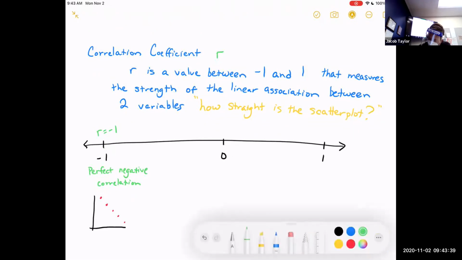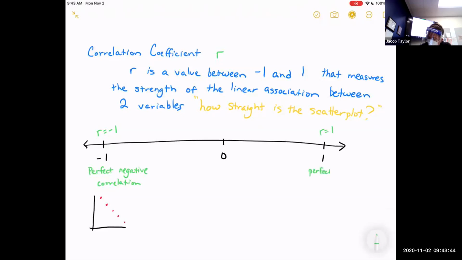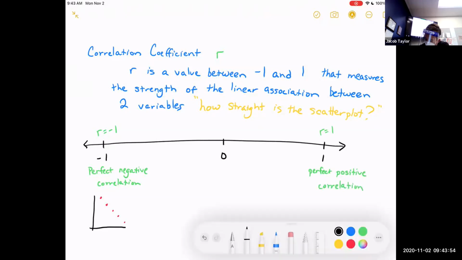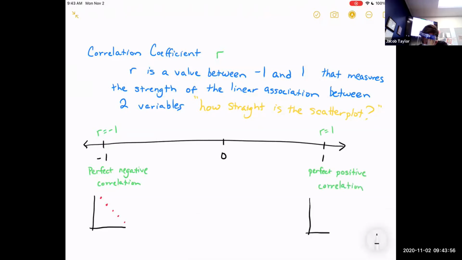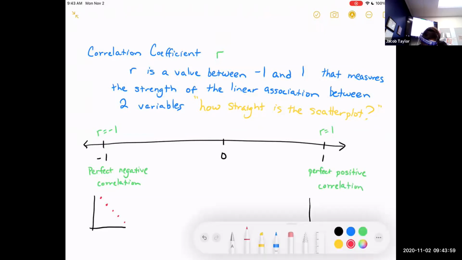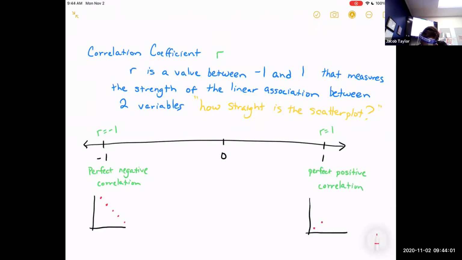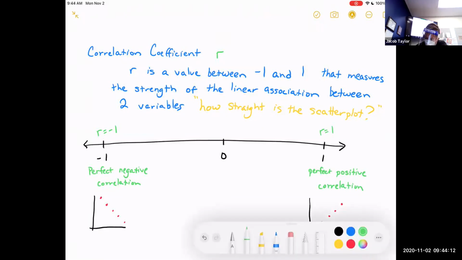If r equals +1, that is a perfect positive correlation, which again means all of the points are in a perfectly straight line, but now they're going up because it's a +1. Like that. 0 exactly in the middle is no correlation.